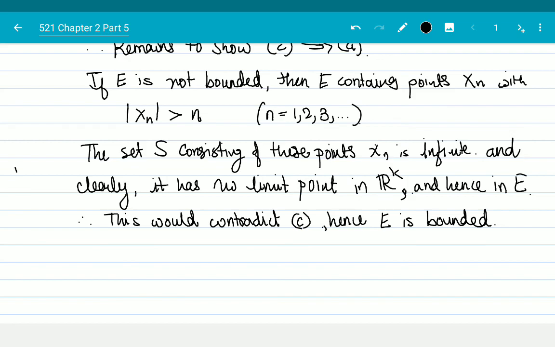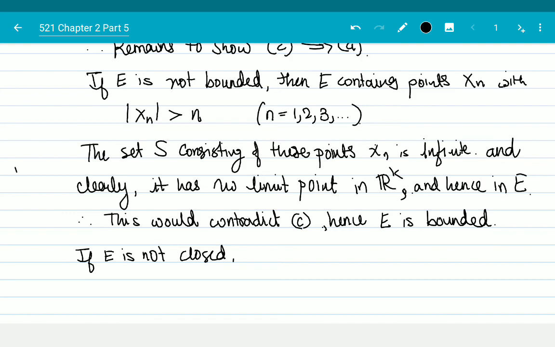We'll show that E is closed by a method similar to how we showed it before. Suppose E is not closed. If E is not closed, then there is a point which is a limit point.